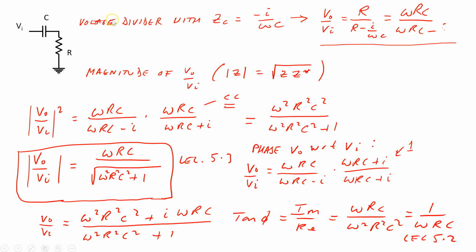This circuit, of course, is just a voltage divider with the impedance of the capacitor being minus i over omega C as we just derived.